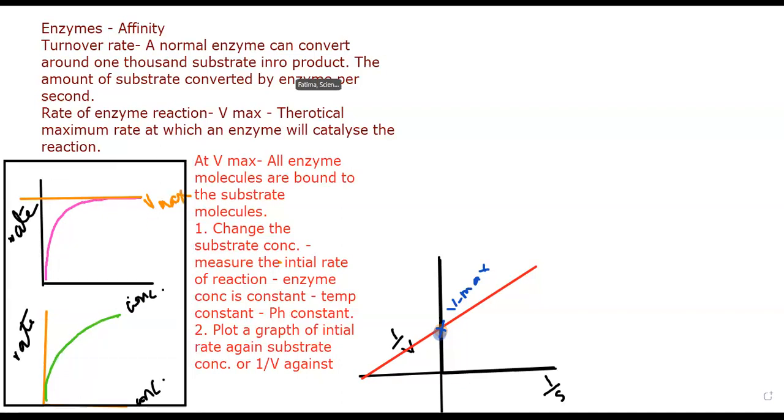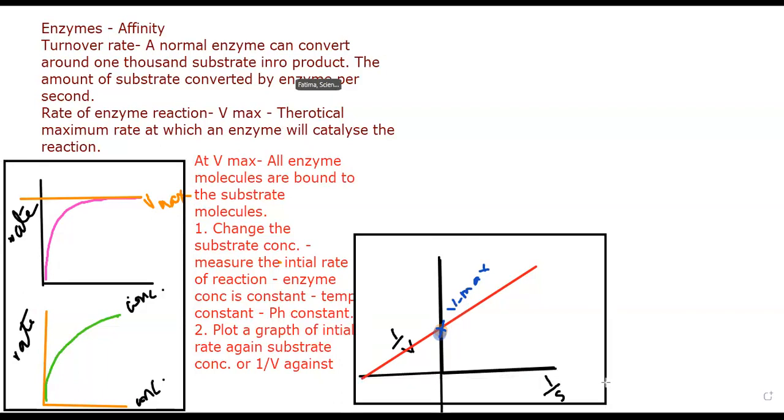From this exact same graph, I can calculate another interesting piece of information. What is the other interesting piece of information I can calculate from this graph? So the other interesting piece of information I can calculate is a constant. It's known as the Michaelis-Menten constant.